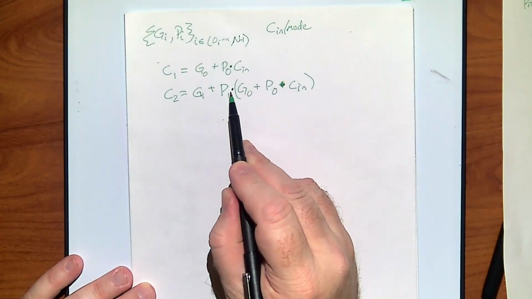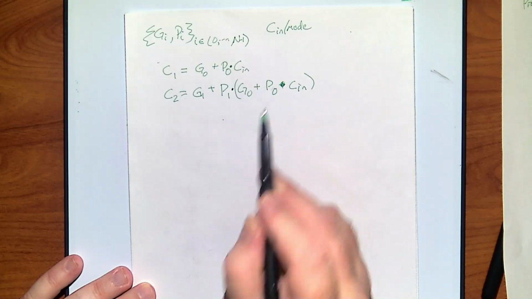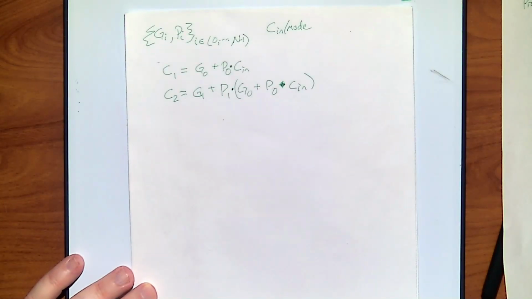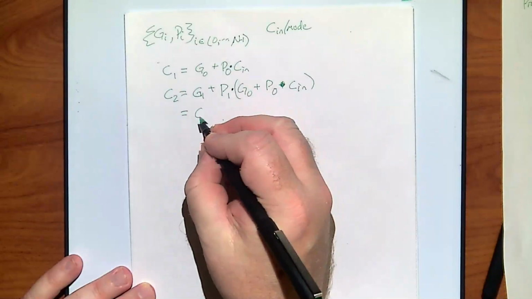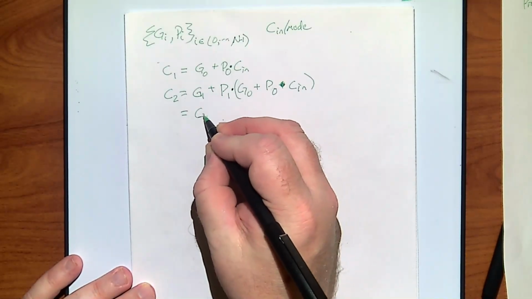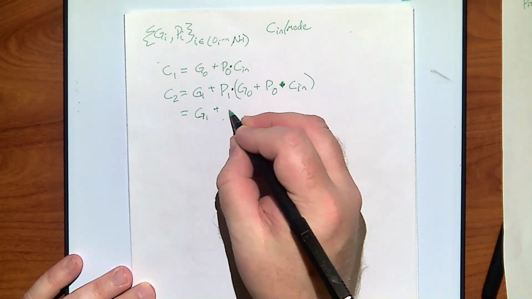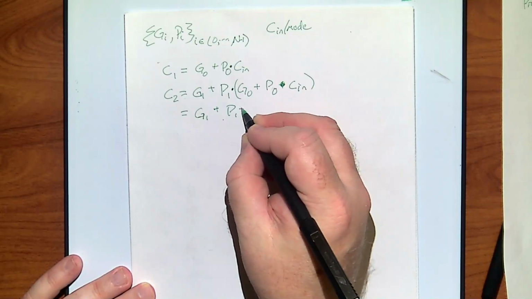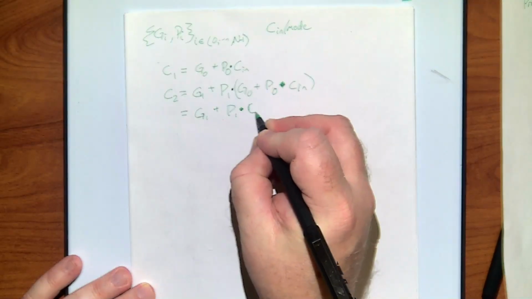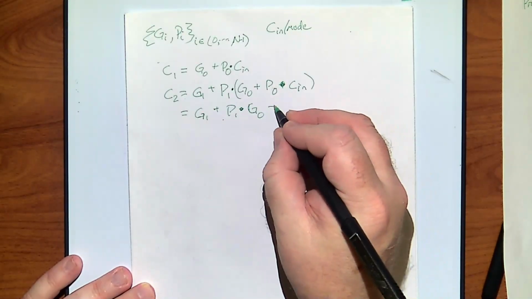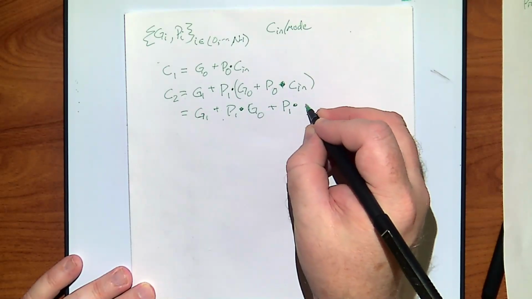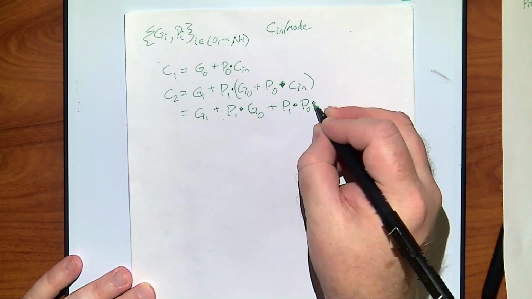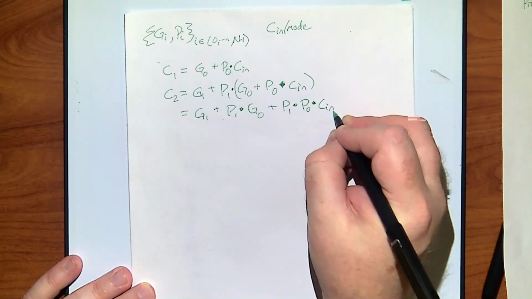Now I distribute because I don't want 1, 2, 3, 4 levels of logic. All right, so if I distribute, it'll take care of that problem. I'll get G1 or P1 and G0 or P1 and P0 and Cn.